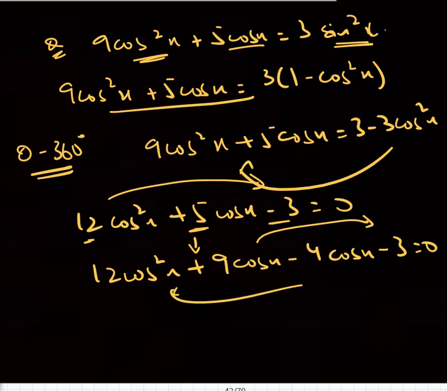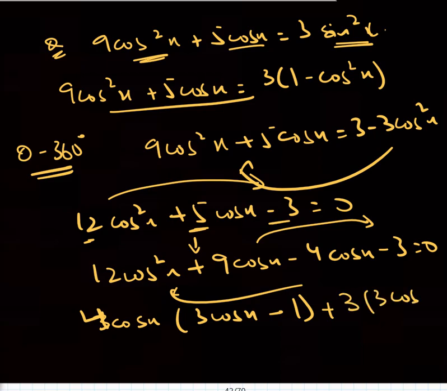So I am taking 3 cos x common, and 4 cos x common, so it becomes 3 cos x minus 1 if I am taking this one over here, and then over here I am taking plus 3 common, so it becomes 3 cos x minus 1 is equal to 0.